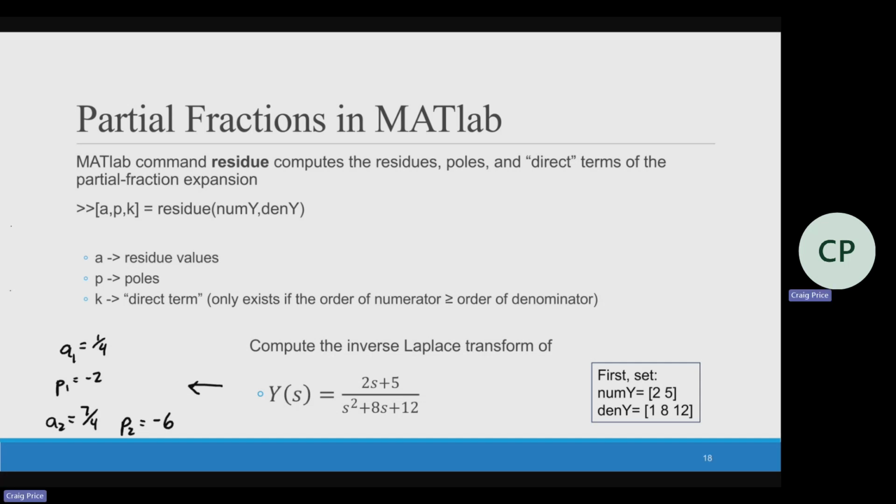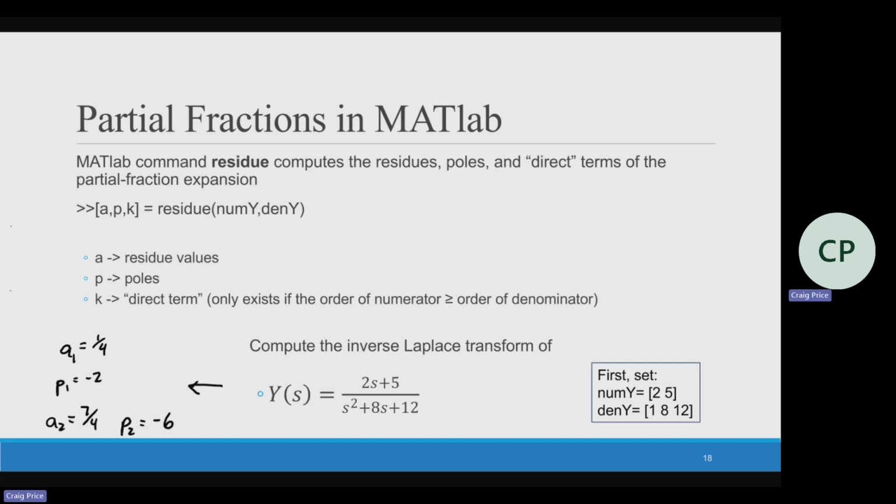Oh, that last example that we had. Now, this is how you can find it in MATLAB. I'm not going to make you use it today, and I'm not going to ever make you use this. But in MATLAB, just like the way that we found it, we could find the residues, which are the constants associated with those, like 1/4 and 7/4.